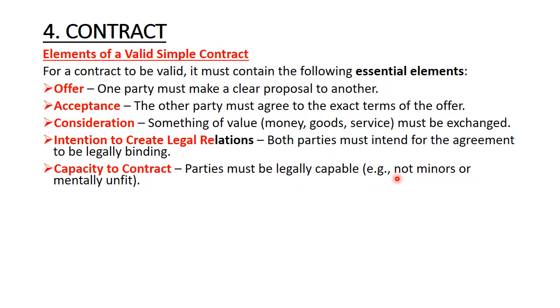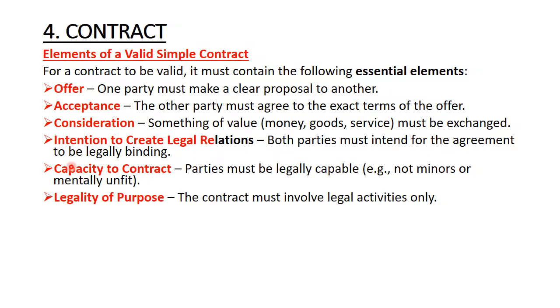In football, for someone under 18, the parents may sign the contract for them, not that person, because that person is considered a minor. Also, someone who is mentally unfit cannot be expected to sign a contract. If you sign a contract while mentally ill, then that contract is not going to be valid, because one of the parties has no capacity to contract.